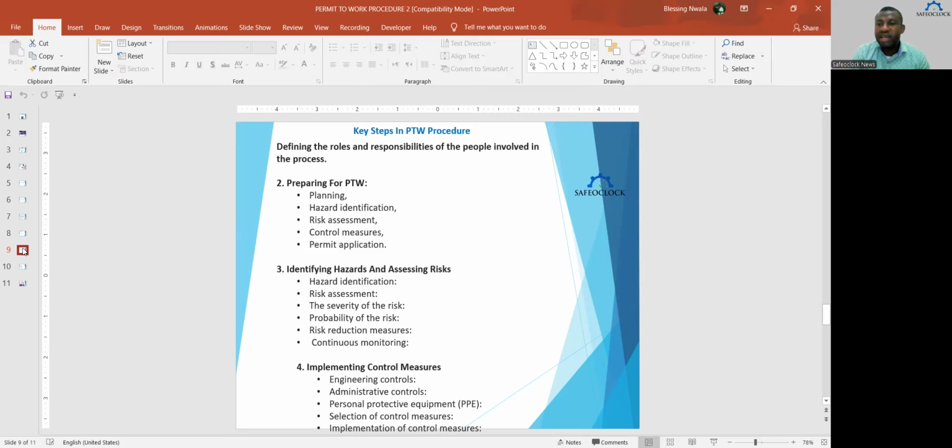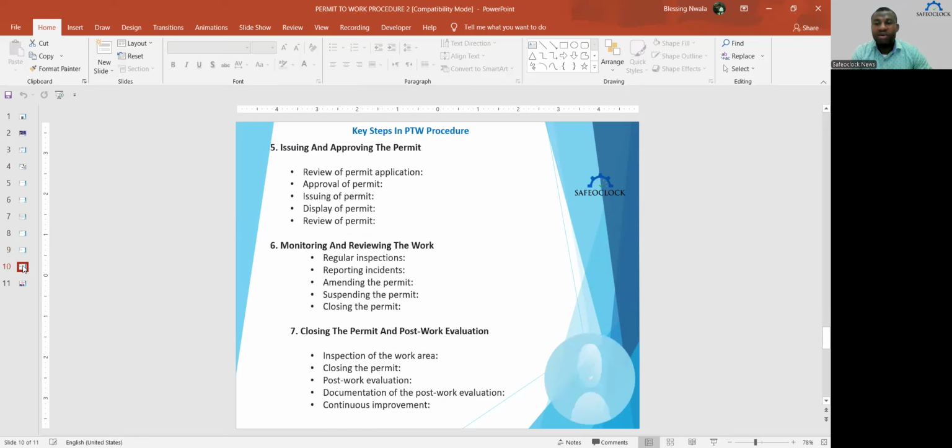The probability of incidents occurring, the risk reduction measures, and the continuous monitoring methods should also be put into consideration. And while implementing the permit to work controls, we should be considering the hierarchy of controls, starting from elimination, administrative, engineering controls, and PPE being the last resort. These are the considerations that any permit requester should have in mind before going ahead to request a permit.